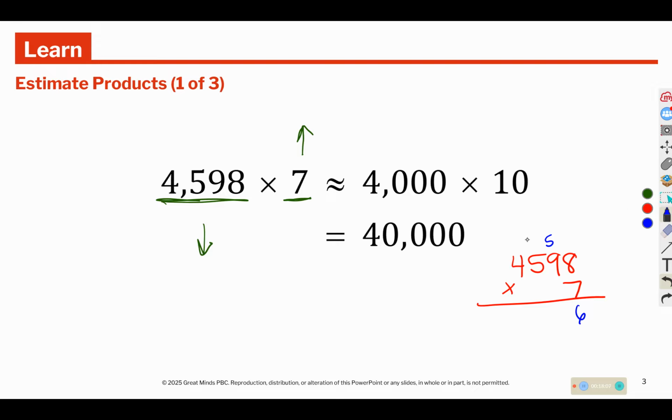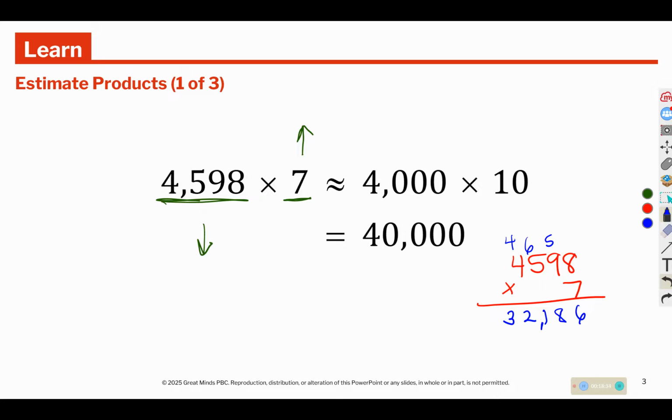Plus 5 more would make 68. 7 times 5 is 35. Plus 6 is 41. 7 times 4 is 28. 28 plus 4 makes 32.